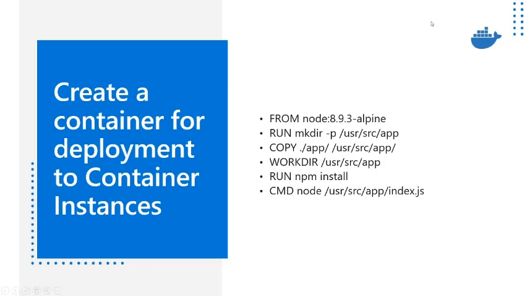So simply, it uses FROM node:8.9.3-alpine, then RUN mkdir -p /usr/src/app, then COPY ./app /usr/src/app, then WORKDIR changes to /usr/src/app, then RUN npm install to install all the dependencies, then CMD node, which runs the start command.